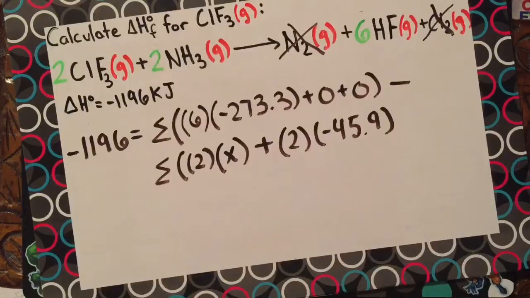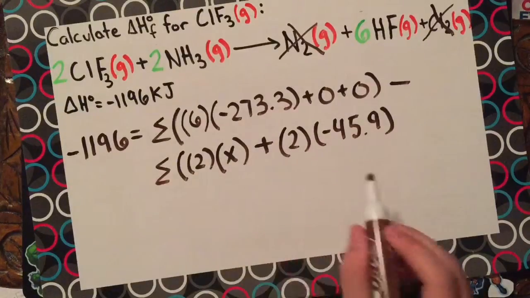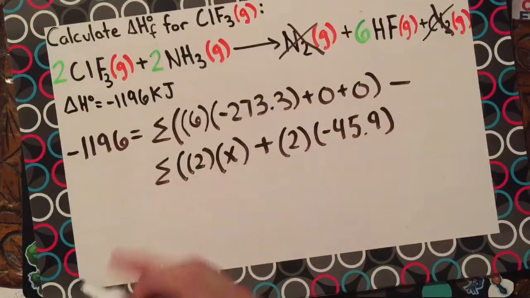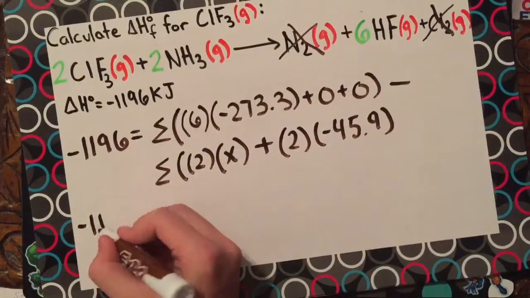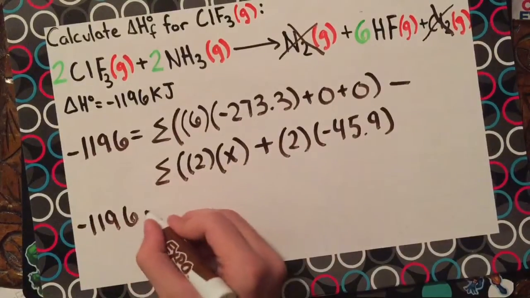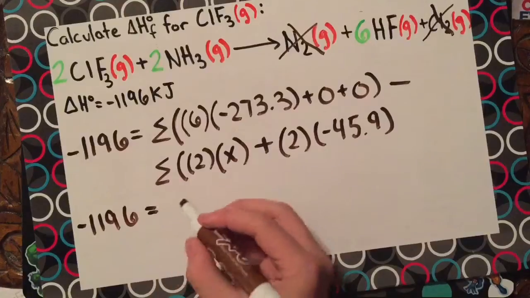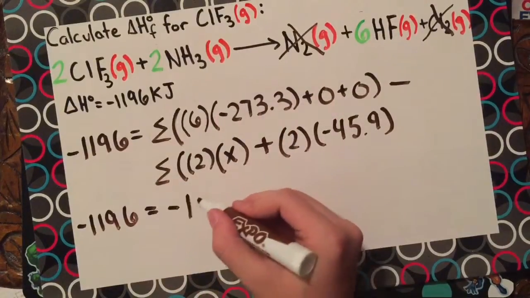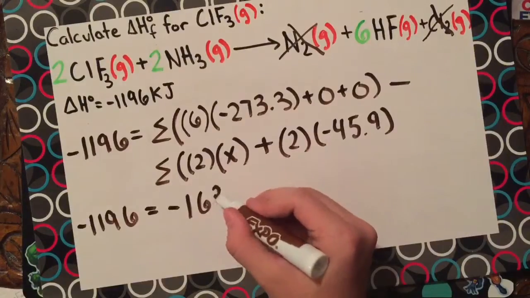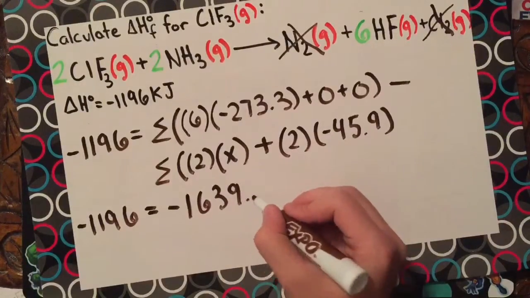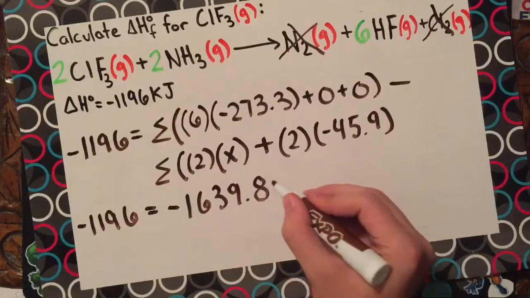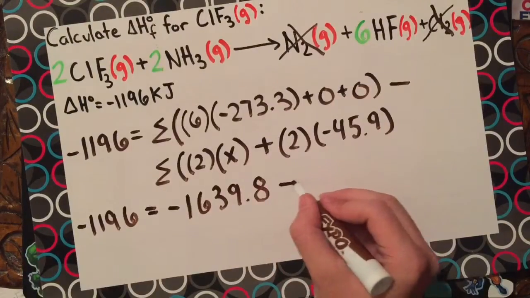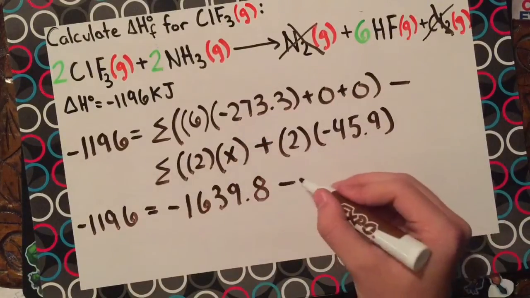Alright, so now if we were to solve for all these things, negative 1196 would equal, so this up here would equal negative 1639.8. Subtract, we're going to put this part.